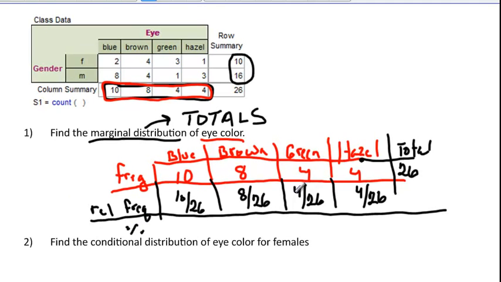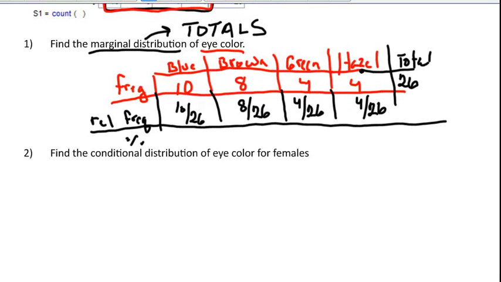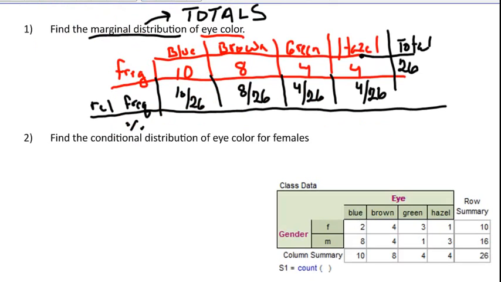Next, we're asked to find the conditional distribution of eye color for females. This is asking us to look at one particular group. So we are using the condition female.